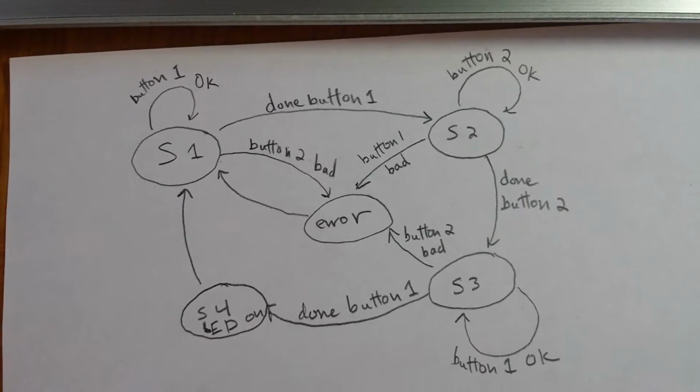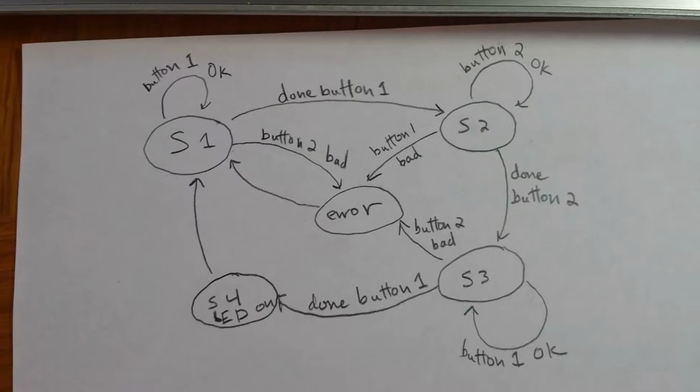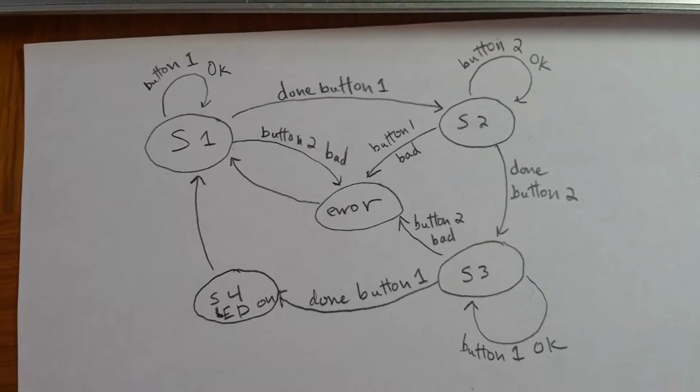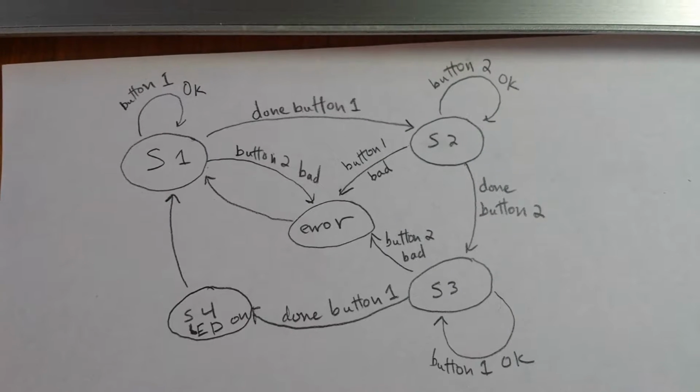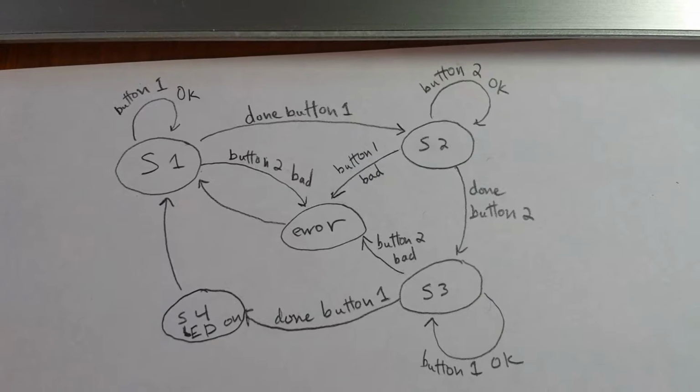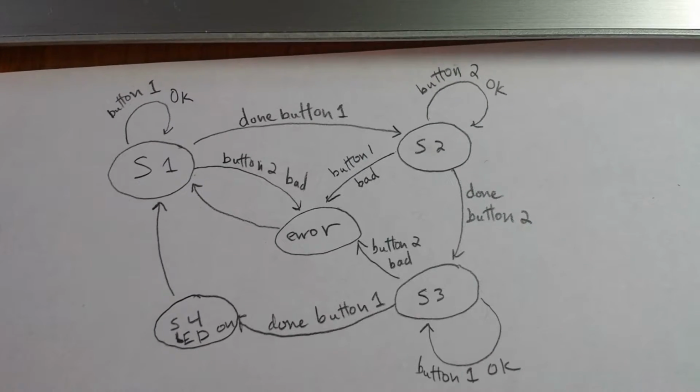first. So you can see that from state 1, you're just expecting button 1 presses until you're done with that button. Then normally you'd move to state 2, and you do the same thing for button 2.